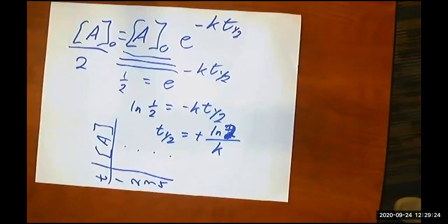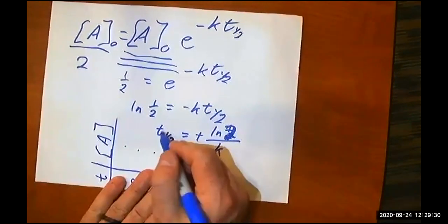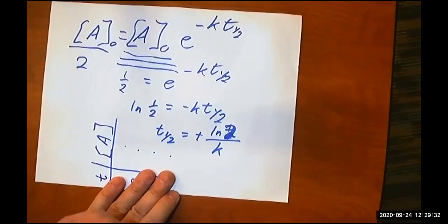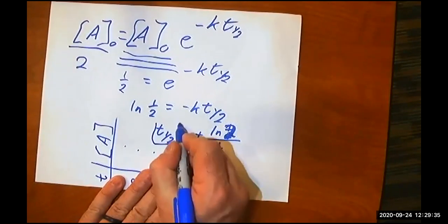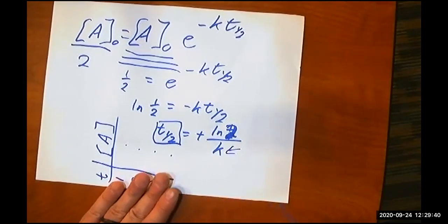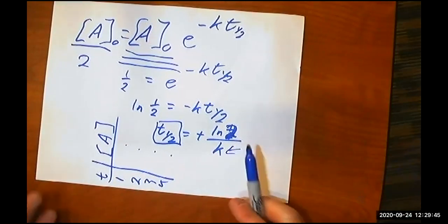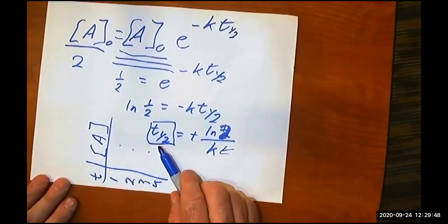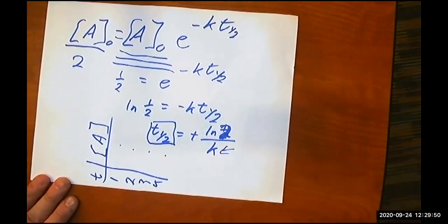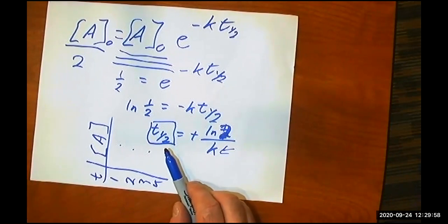So what that means is that for a given first-order reaction, the half-life is an alternate way of providing the same information as the rate constant. And because the half-life is a more intuitive idea, it's a more convenient way to describe the rate of the reaction.